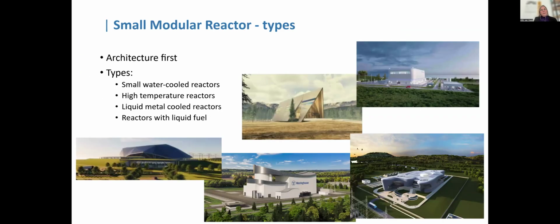So what this shows is that with the small modular reactors, there's a lot of marketing, and architecture comes first. You see here 5 examples, nice pictures of small modular reactors, which mainly show the building and not what's inside.